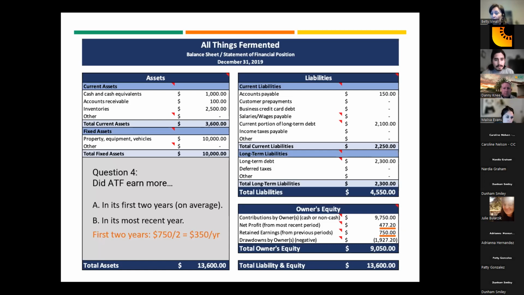The net profit for our current year is $477.20. So using the balance sheet, we can see that the business has done better this year than it did in its first 2. So the business is growing. And so the answer is its most recent year is when the business did its best.